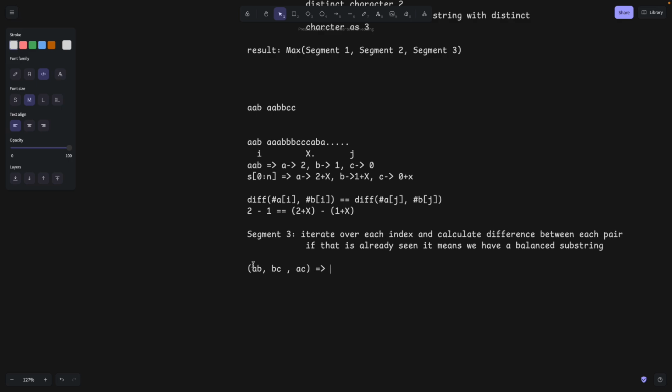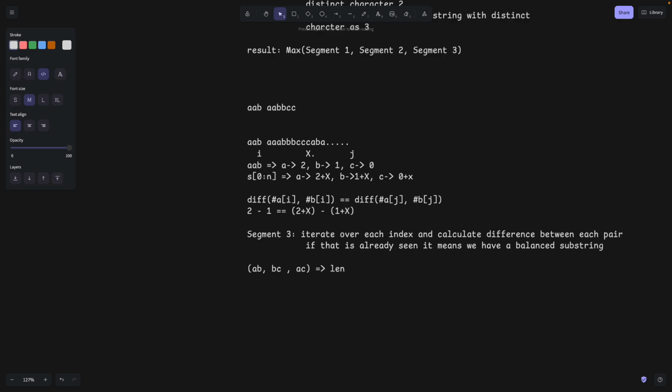And we can maintain a hash map with the last index where this was the same, and we can calculate the difference.